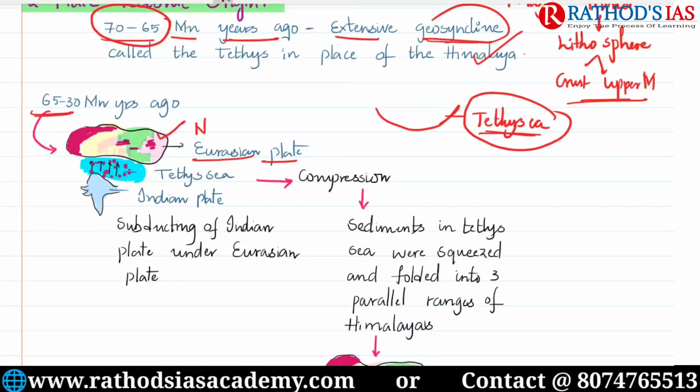During 65 to 30 million years ago, to the north we have the Eurasian plate and we have the Indo-Australian plate. The Indian plate started moving towards the north.